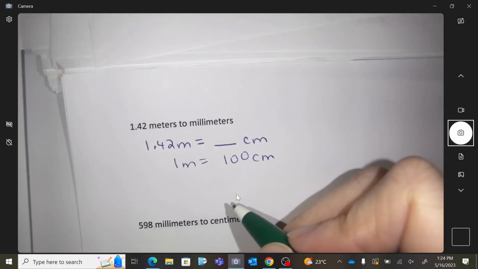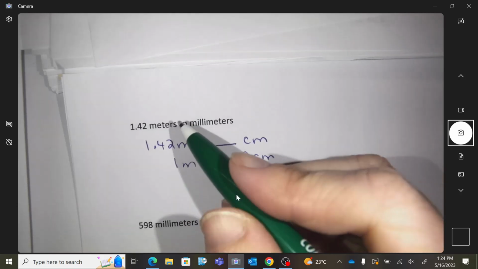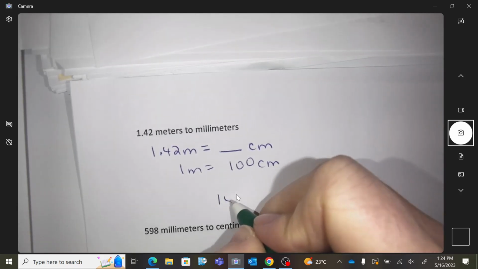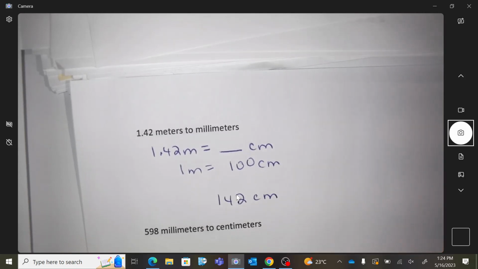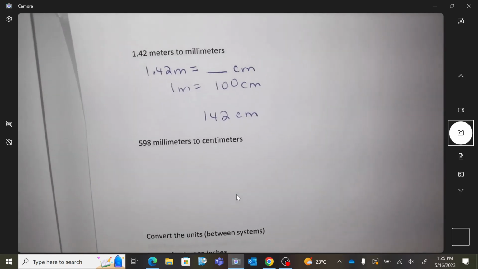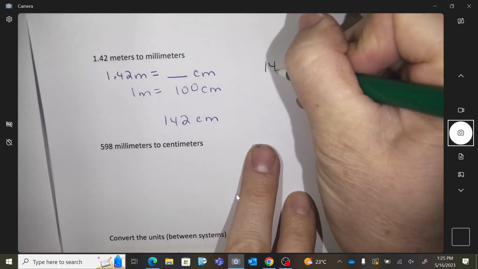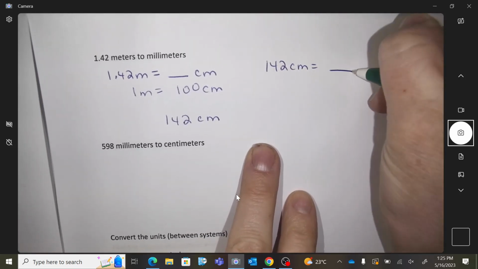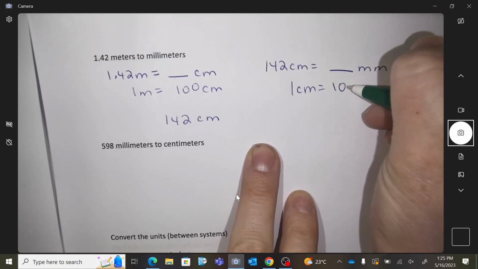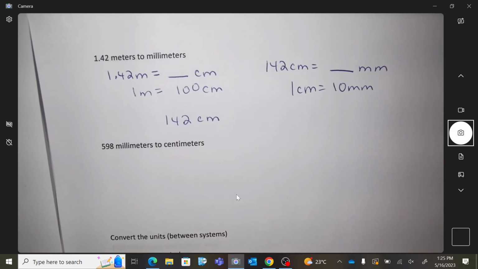So this would be a times. So that's how many centimeters we're at. And then if I take that centimeters and go to millimeters, finding something from my sheet.